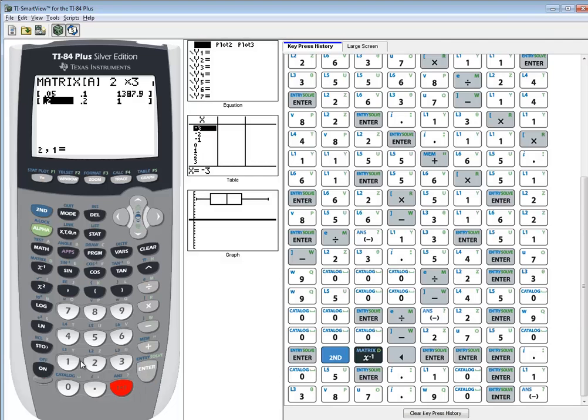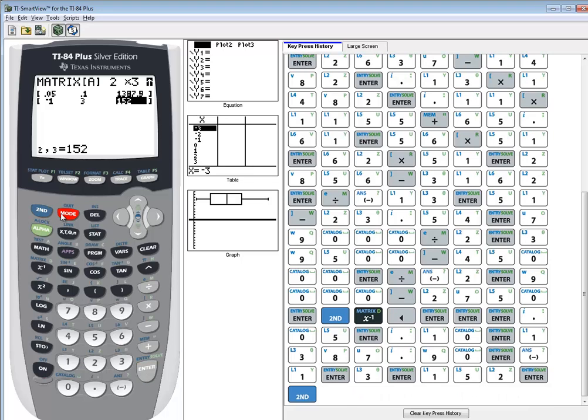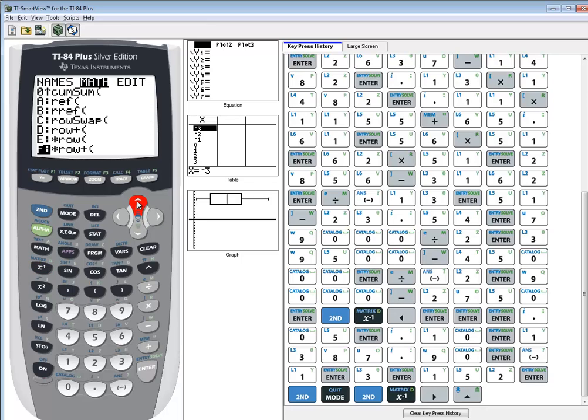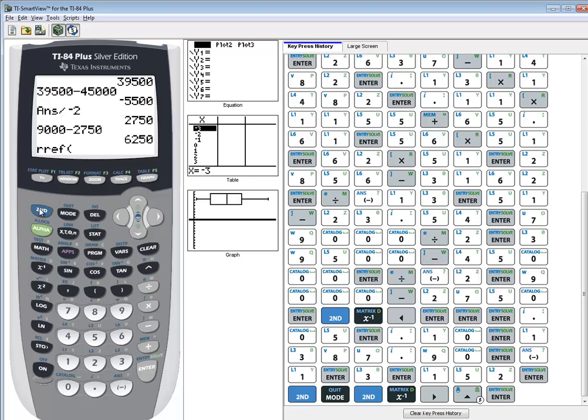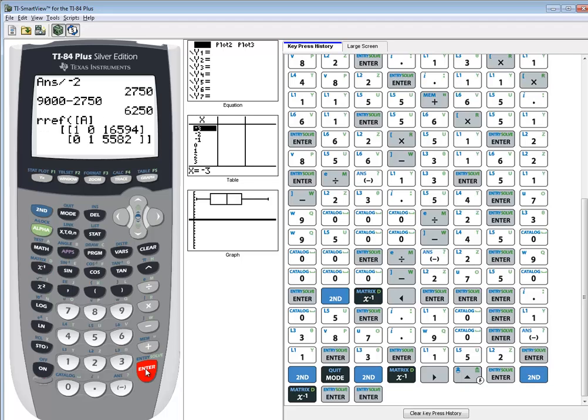Negative 1, 3, and 152. Exit out. Go back on my matrix menu. Right arrow math, up arrow to REF. Enter. Go back on my matrix menu. Enter on A, enter again.